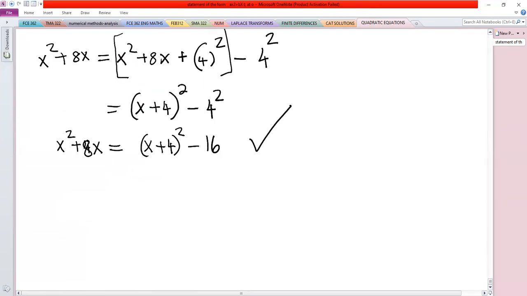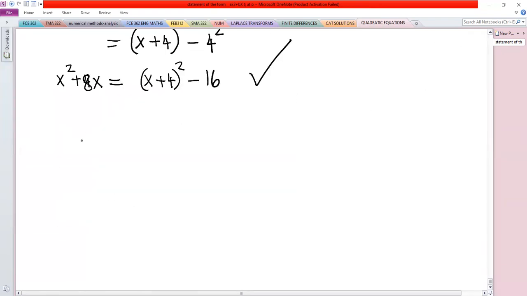And then 2, we have x squared minus 3x. So the thing is to identify b over 2, and then square it, add it to the expression, and then subtract it, so that you don't change the original meaning of the expression. So b is minus 3, so it'll be minus 3 over 2, and then square.